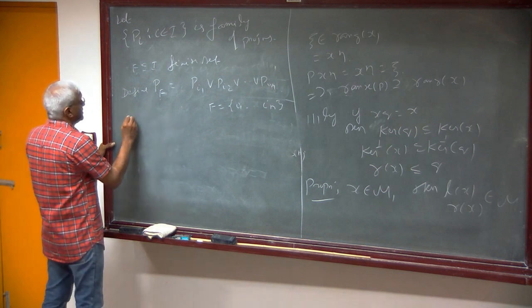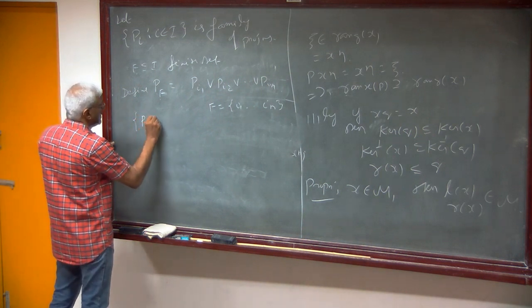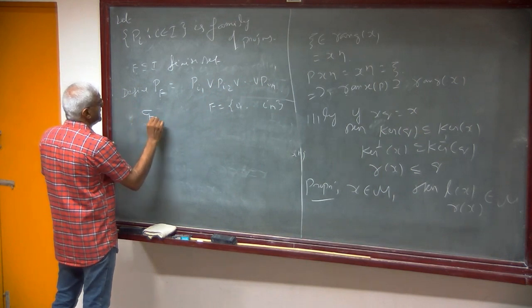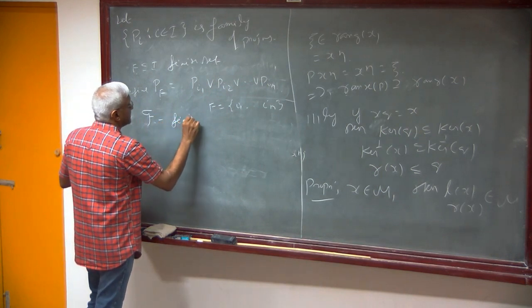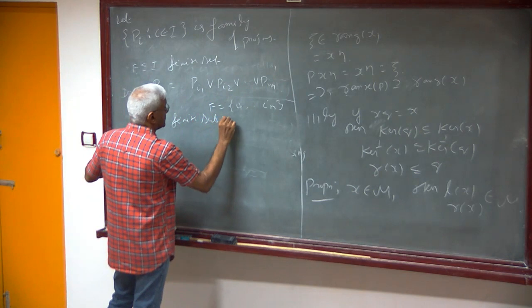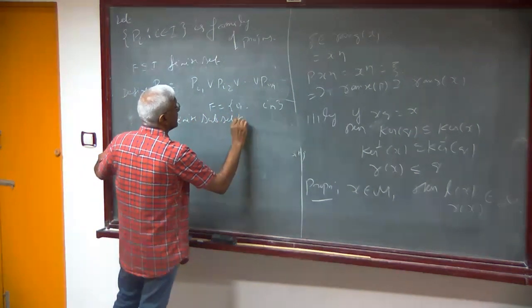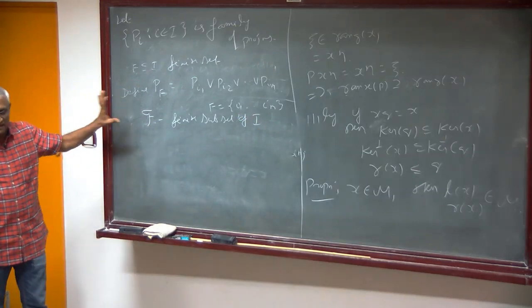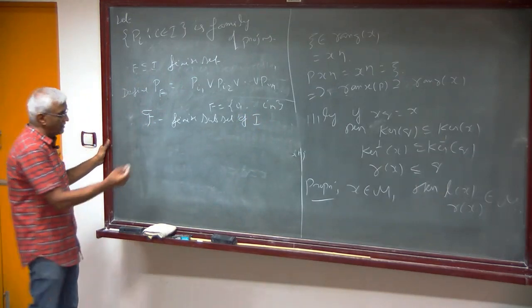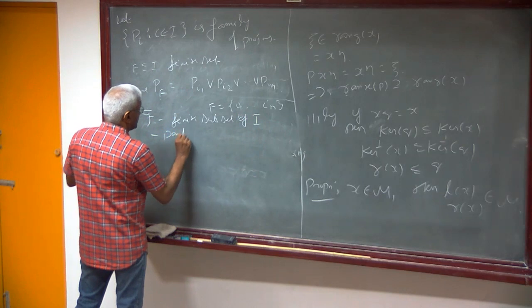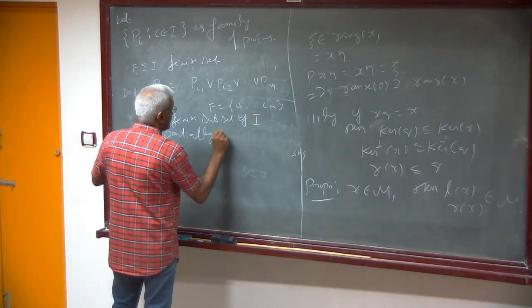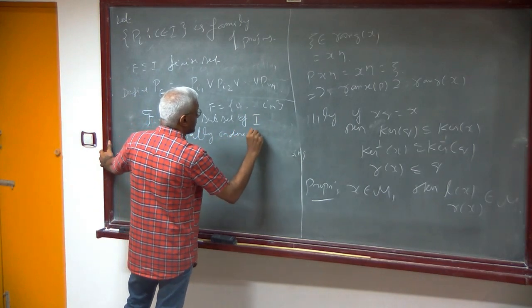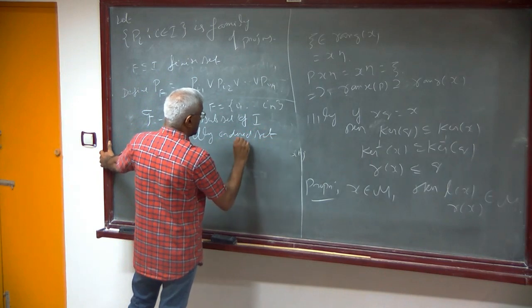But then we know that, so this P_F, now you have, let F be all finite subsets of I. This is a partially ordered set with inclusion, of course.